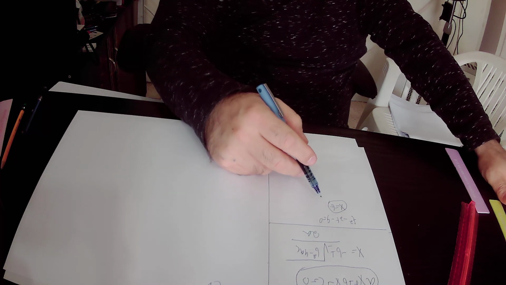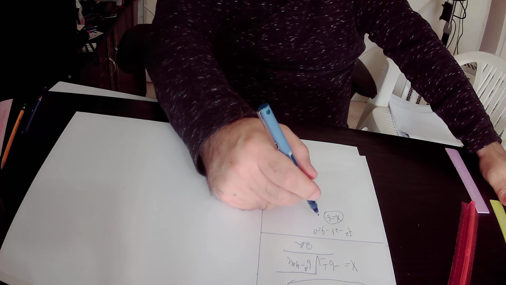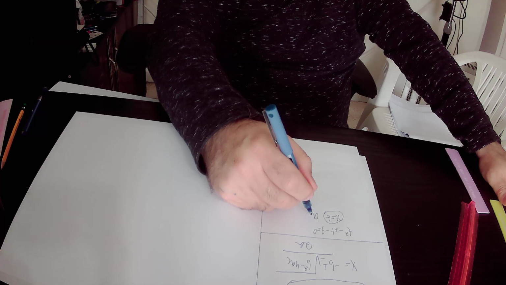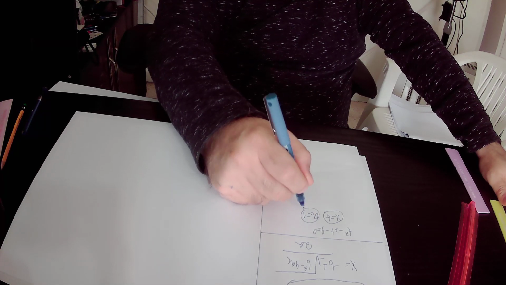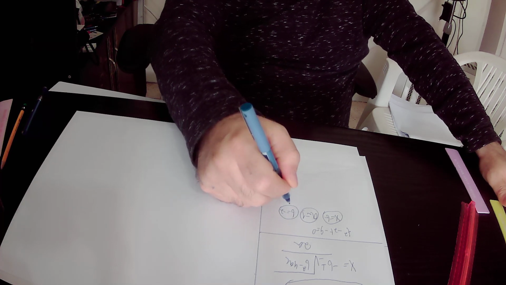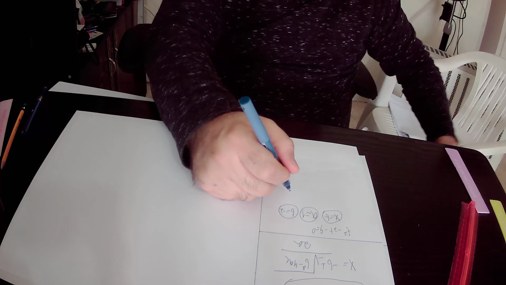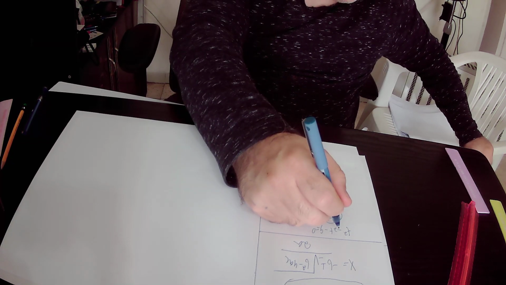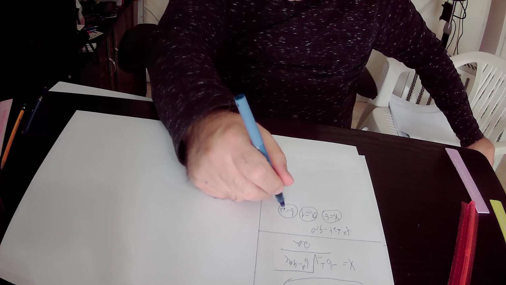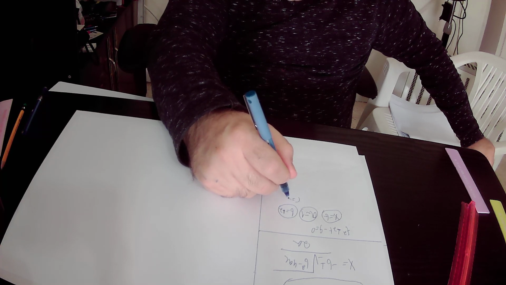The coefficients of this quadratic equation are as follows: a equals 1, b equals plus 2 and c equals minus 9.